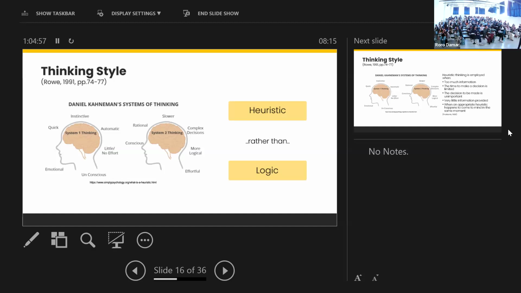For me, when we think heuristically, I think it's very efficient when we are doing brainstorming.